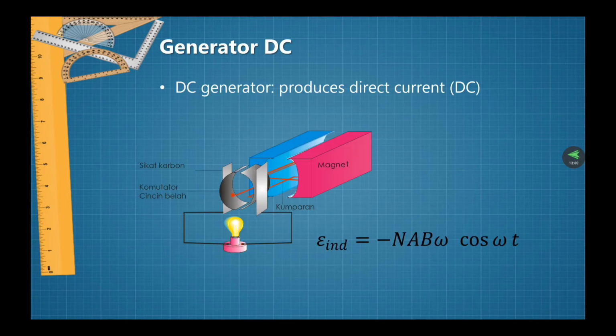And this is the DC generator to produce direct current.